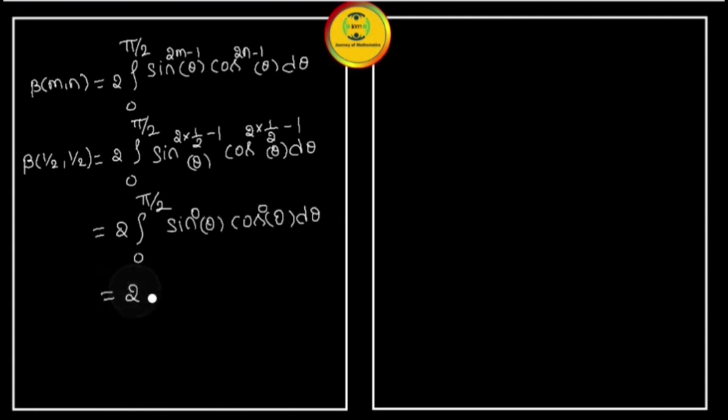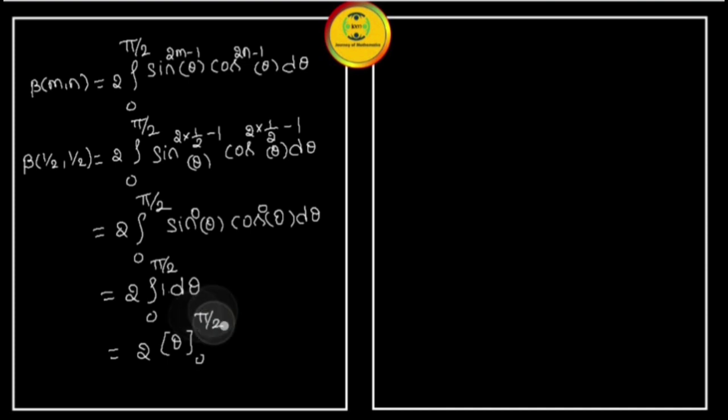So I can replace it as 2 into integral 0 to pi by 2 of 1 into d theta. So the integration of d theta is theta ranging from 0 to pi by 2.